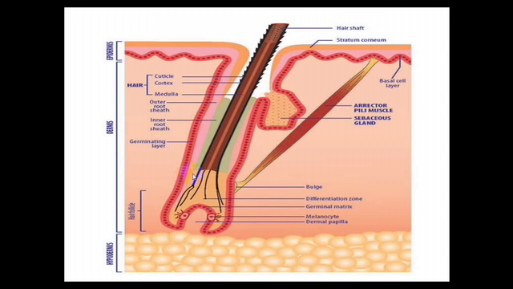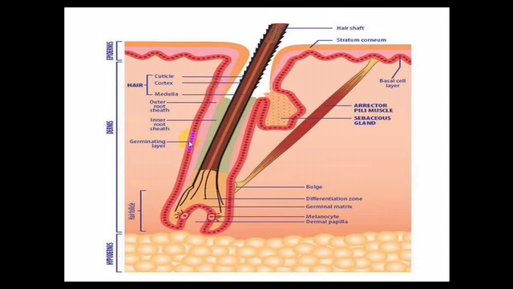As we see clearly, a single layer at the hair pulp and several layers near the surface of the skin. See here, it becomes thicker near the skin.